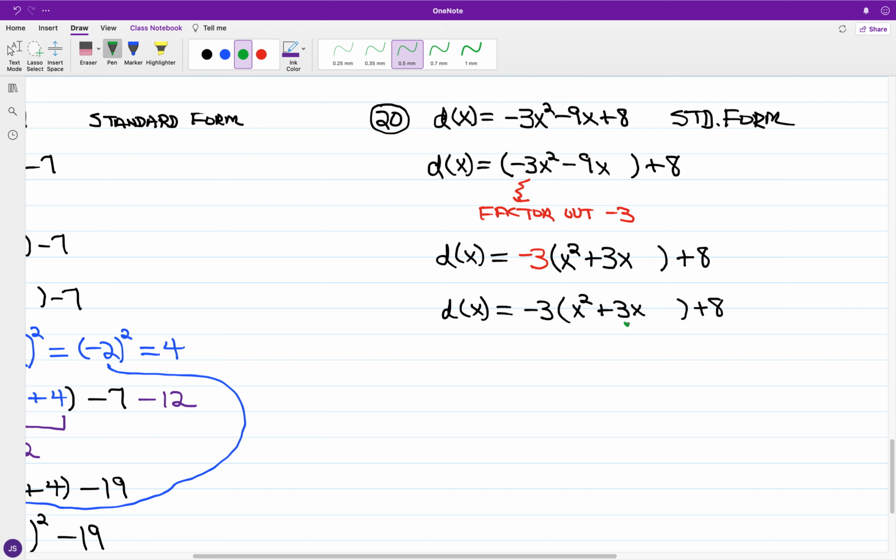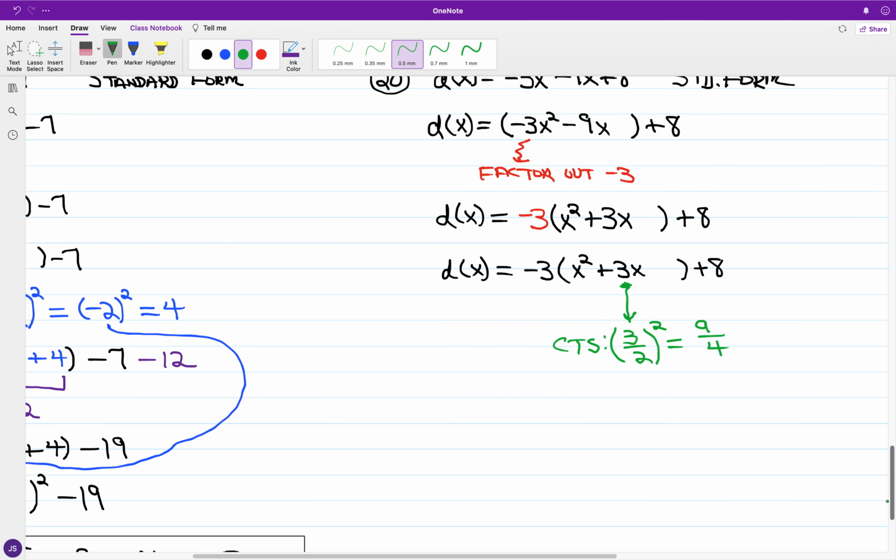For the first order x term, again, we take the coefficient that is next to x. Again, I'm going to take half of this. After taking half, I'm going to square it out. So you have 3 divided by 2, we have 3 halves squared. And 3 squared is 9, 2 squared is 4.